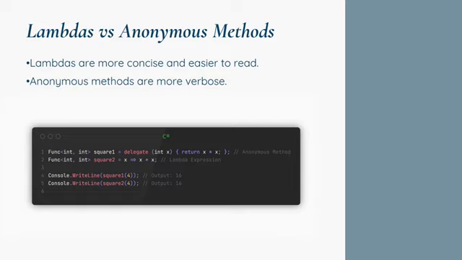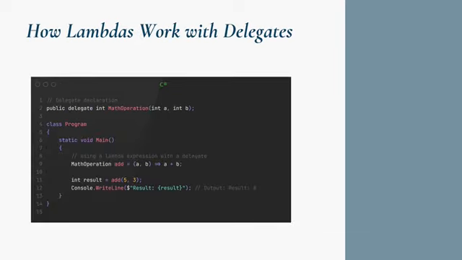Before lambdas, we used anonymous methods. And anonymous methods use the delegate keyword, but lambdas are shorter and cleaner. Lambda expressions provide a shorter and more readable way to define methods inside delegates.